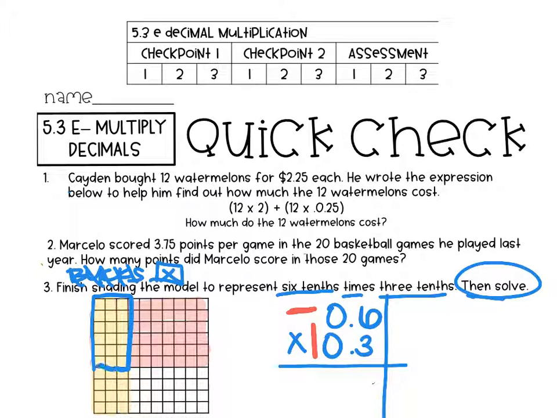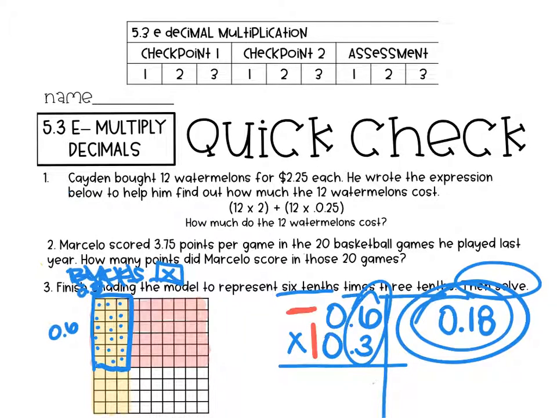So I've got 6/10 here, and 3/10 here. Now, y'all, my fact family that I know is 6 times 3. I know 6 times 3 is 18, so I'm going to count in here, and I've got 1, 2, 3, 4, 5, 6, 7, 8, 9, 10, 11, 12, 13, 14, 15, 16, 17, 18, and each one of these squares is worth 1/100. So my total should be 18. My product should be 18 hundredths.